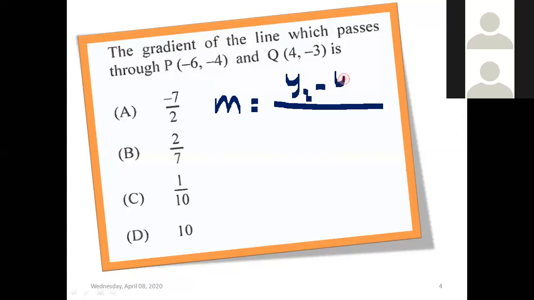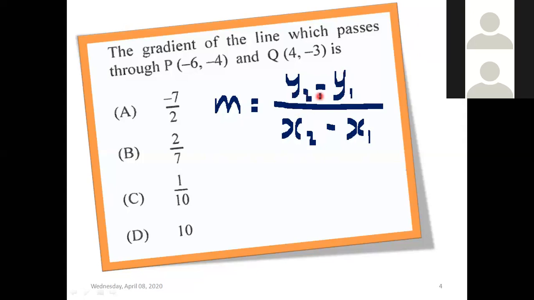y2 subtract y1 divided by x2 take away x1. Actually, you could also say y1 take away y2, but if you say y1 take away y2, the denominator has to be x1 take away x2. So as I was saying, it doesn't have to be y2 and y1.